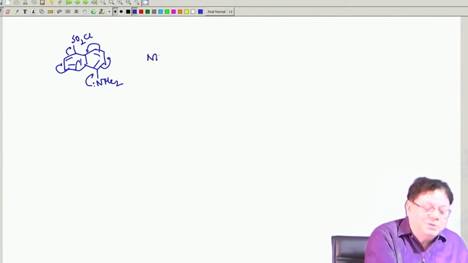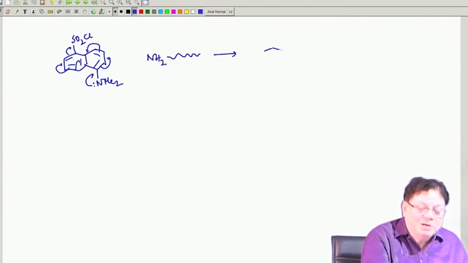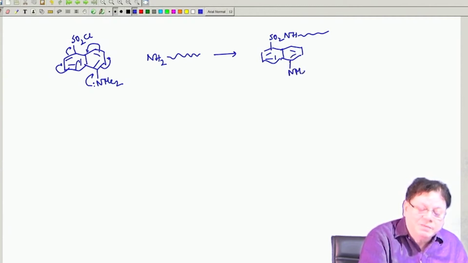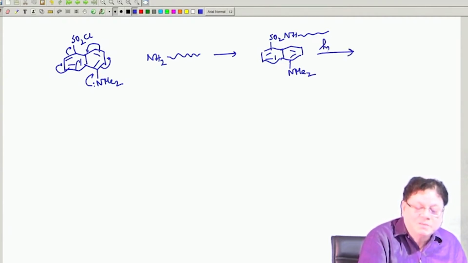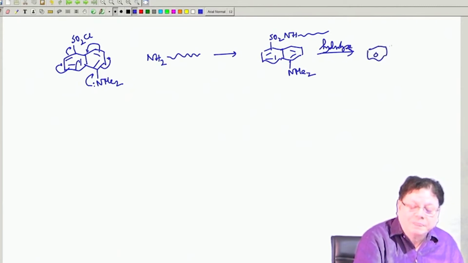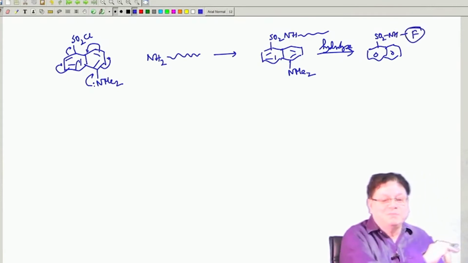What will happen? The N terminus will react with the dansyl chloride and it will form SO2NH and then the peptide, and you have the dansyl system. It is a naphthalene system, okay, NMe2. And now you hydrolyze like Sanger's method, and what you get is SO2NH and the first amino acid, that is the phenylalanine.